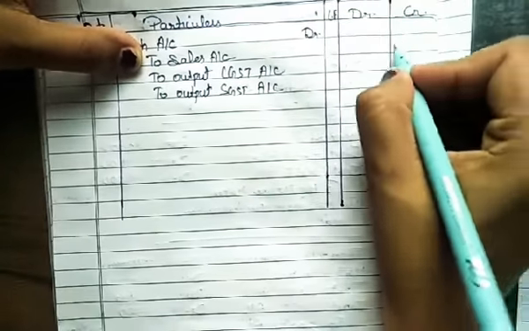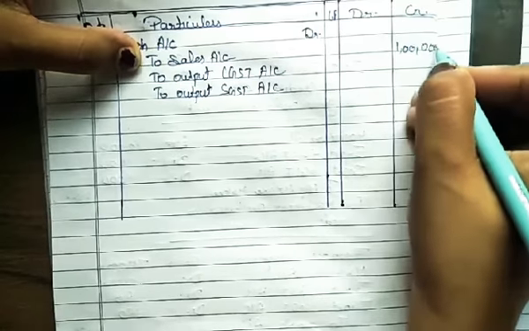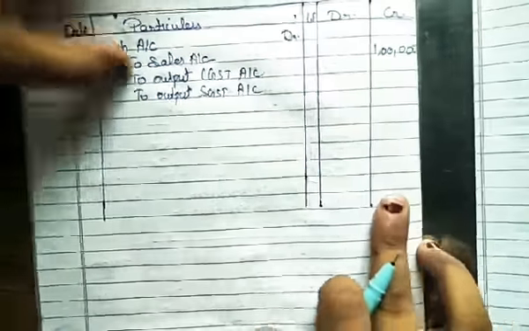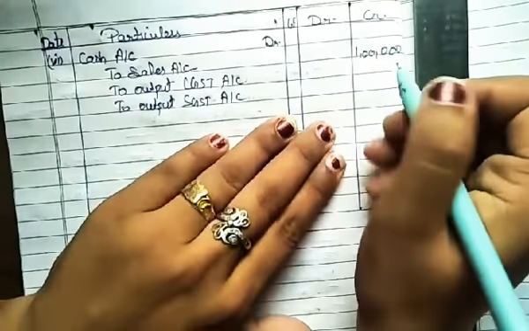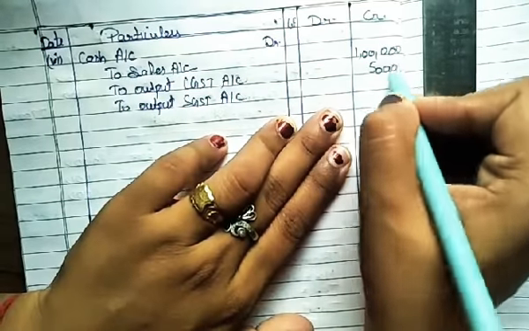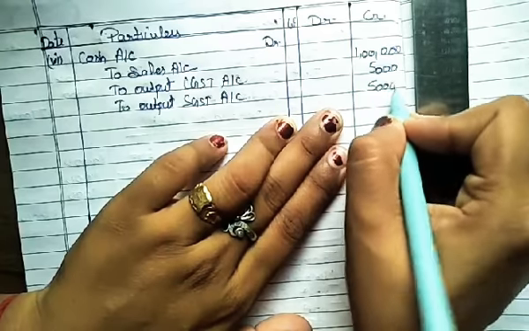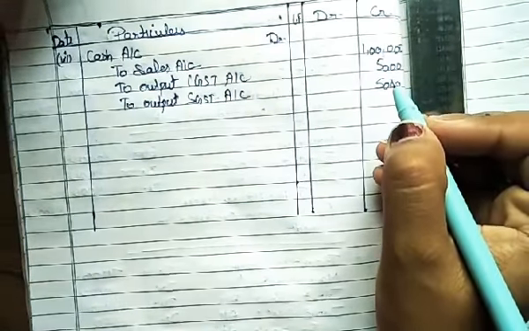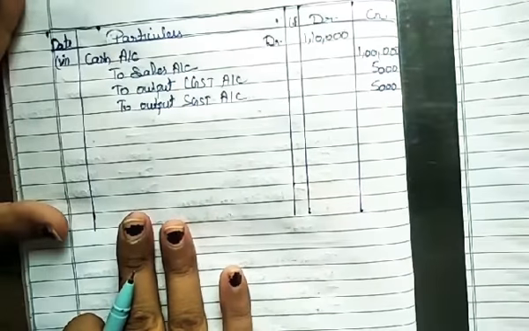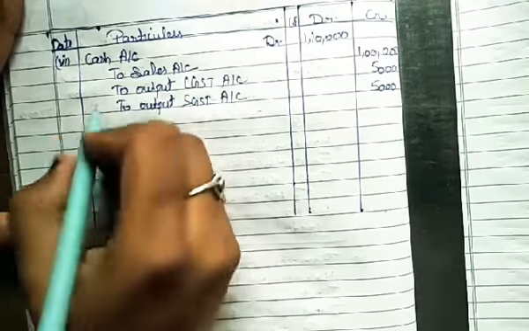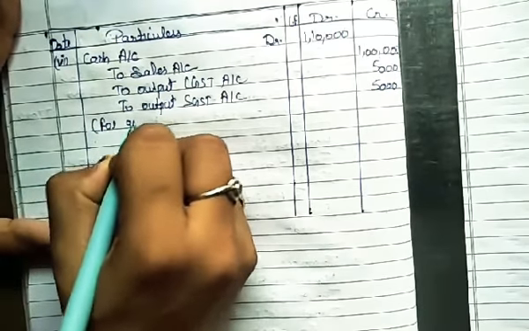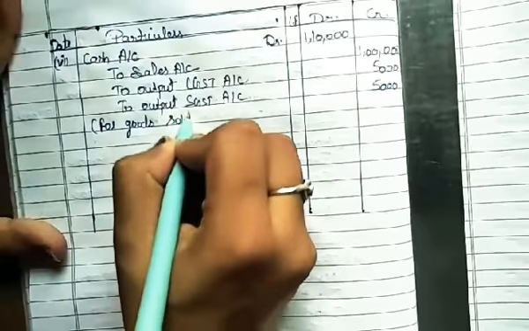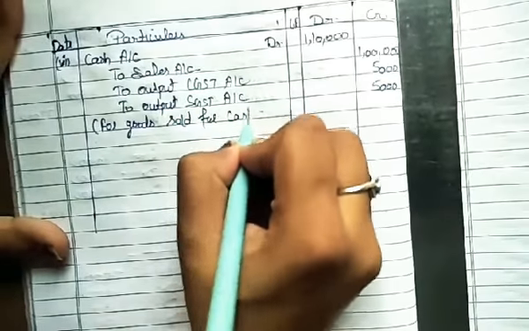Sales are done for rupees 1 lakh. 5% of 1 lakh is, students, 5,000, 5,000 for state GST also, and the total amount is received as cash sales 1 lakh 10,000. Okay, and the narration is for goods sold for cash.